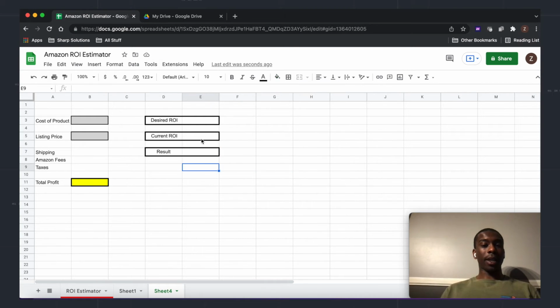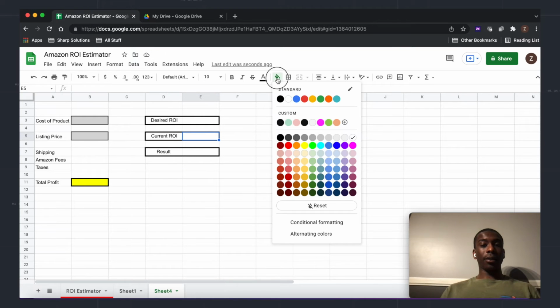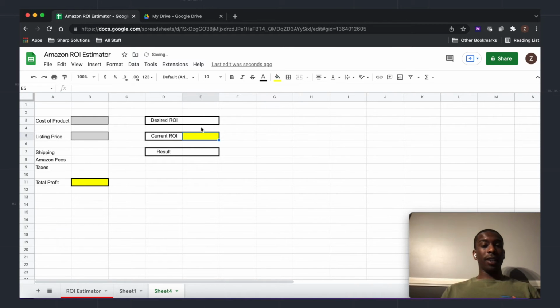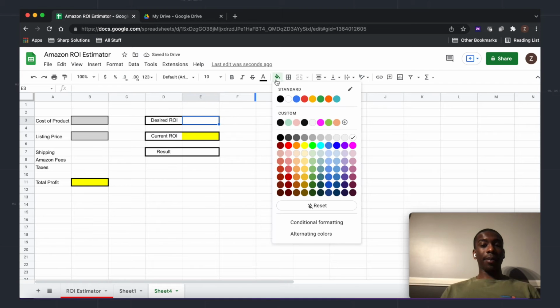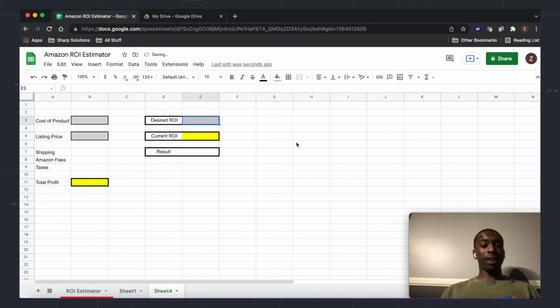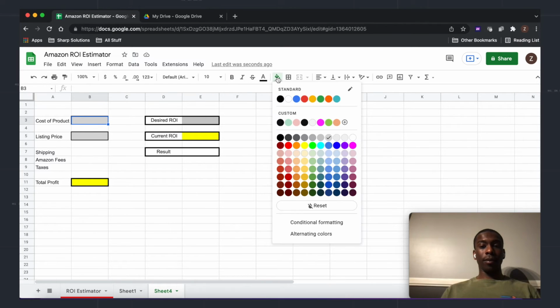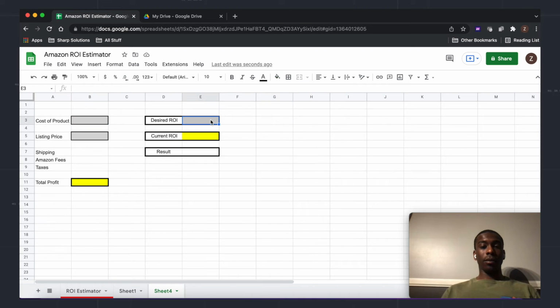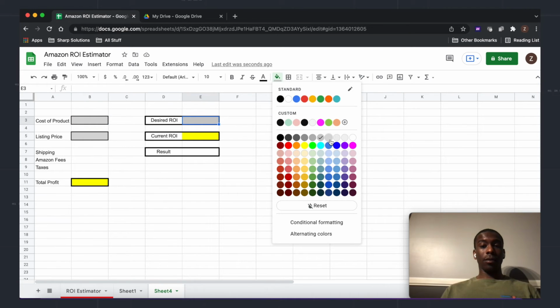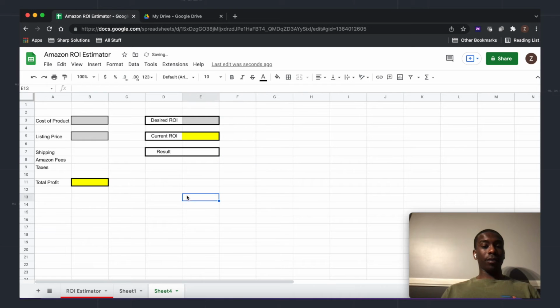Oh, actually, no, I'm not. I'm going to make the current ROI yellow. The desired, I'm going to fill that in as gray because that, again, is going to be a place where the seller needs to input. I want to make sure those grays match up. There we go. And so now we've got this ROI estimator formatted correctly.